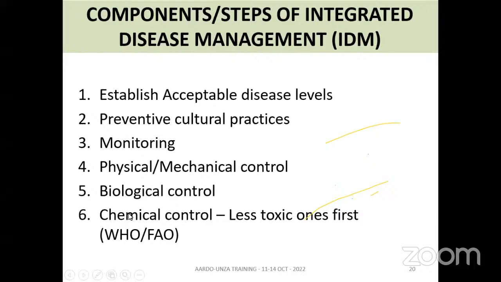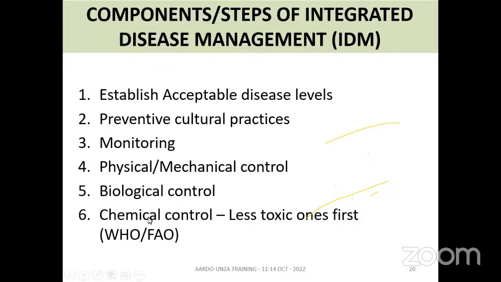But even when you get to chemical control, among chemicals, if you pick fungicides or nematicides, you will find that on the market there's a lot of nematicides available to control diseases. Under chemical, you might have botanical extracts that might work for your disease. It's very rare for plant diseases, but you might have one.